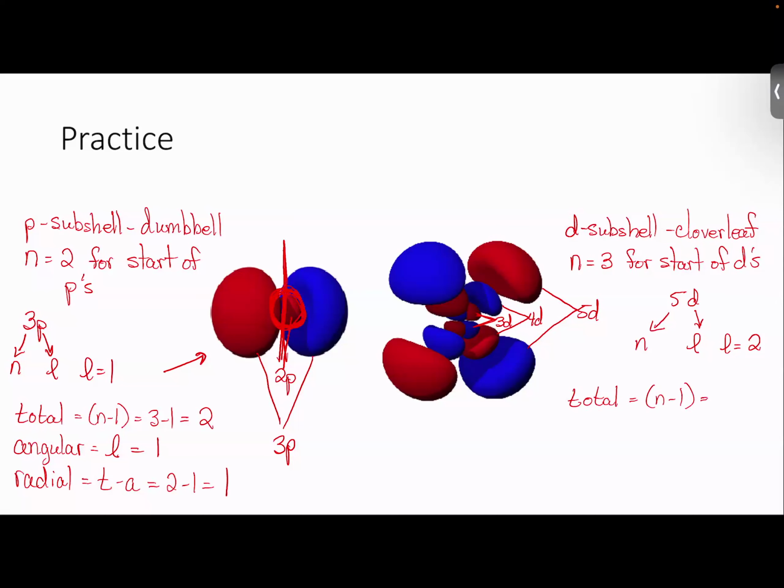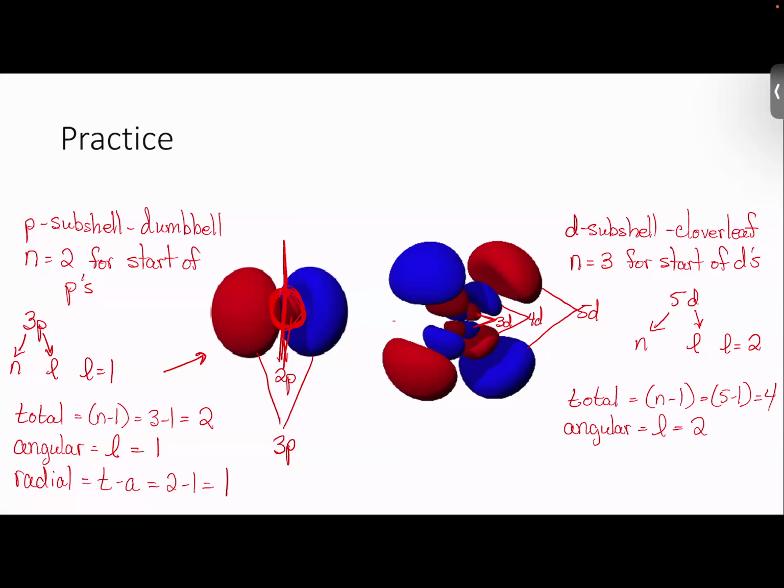So that is going to be 5 minus 1, or in other words, there are 4 nodes. Our angular nodes are going to equal l. Well, l was equal to 2, so therefore there are 2 angular nodes.